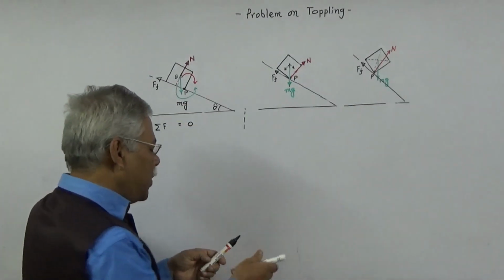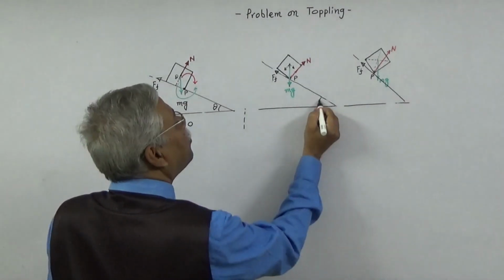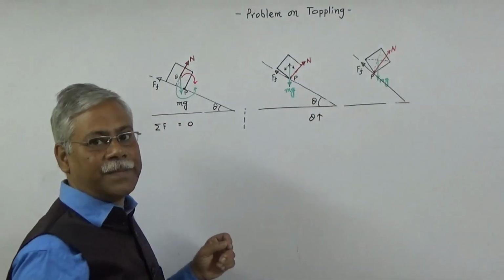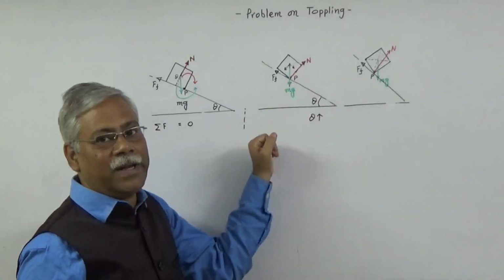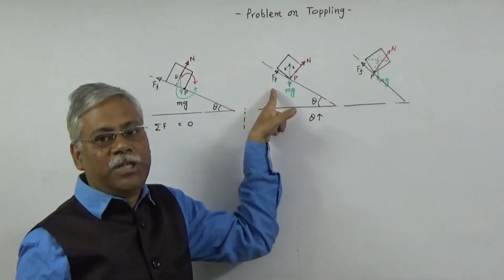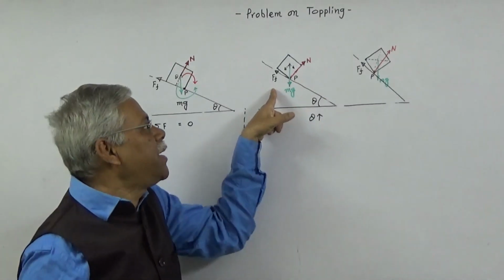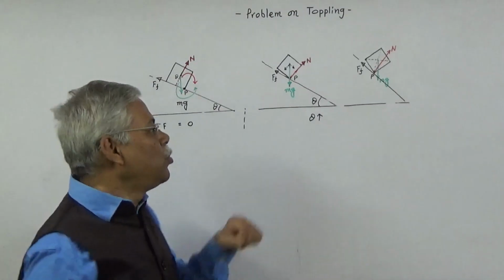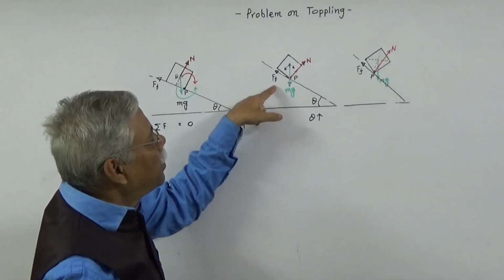Now we will increase the angle of inclination further. We have reached a state when the block is on the verge of toppling. What happens in this state?